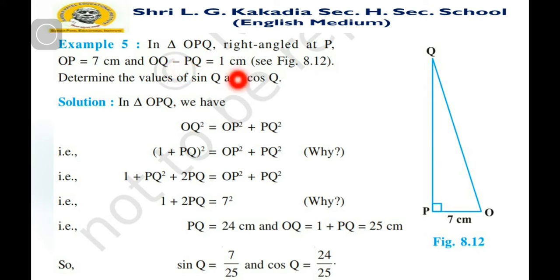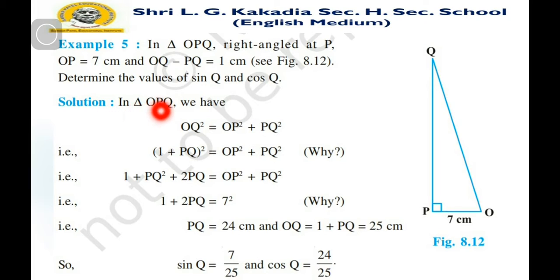So the difference between the hypotenuse and this side is 1 centimeter. Determine the value of sin Q and cos Q. According to this angle, PQ will be the adjacent side, PO will be the opposite side, and OQ the hypotenuse.